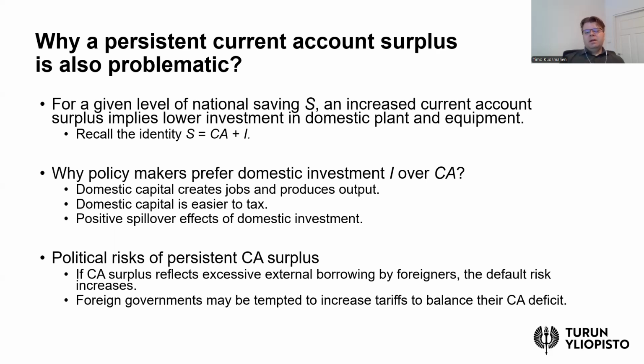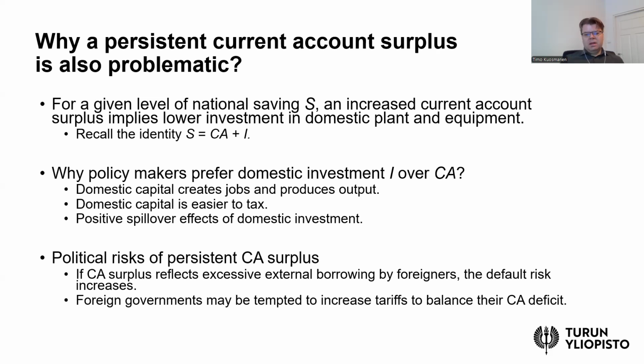And if there is, for example, a persistent current account surplus, like there has been between the USA and China, so that for a long time China has run a current account surplus, whereas the USA has a current account deficit, then it may be tempting for the foreign government to use measures such as increasing tariffs to balance these current account deficits.